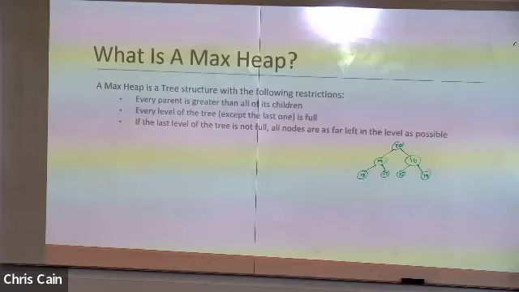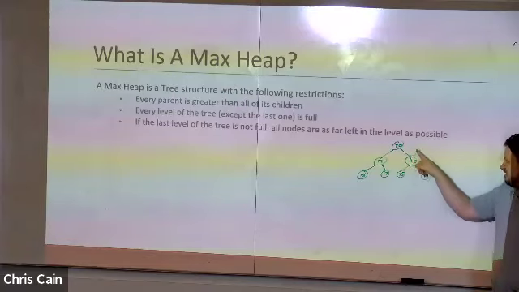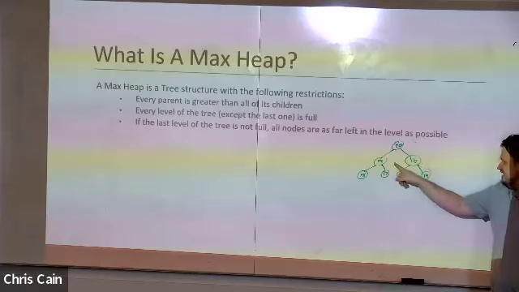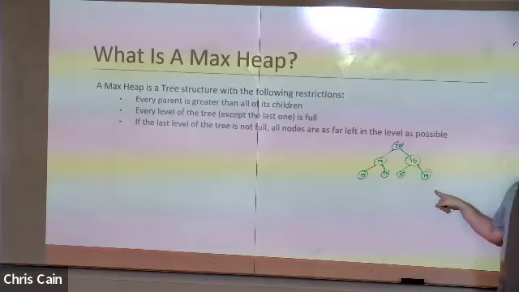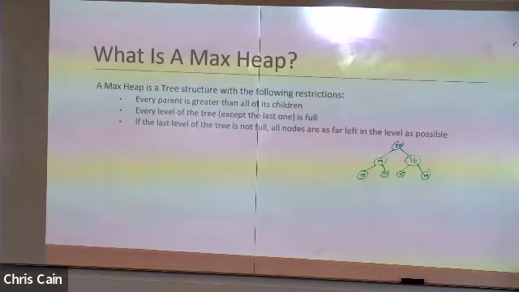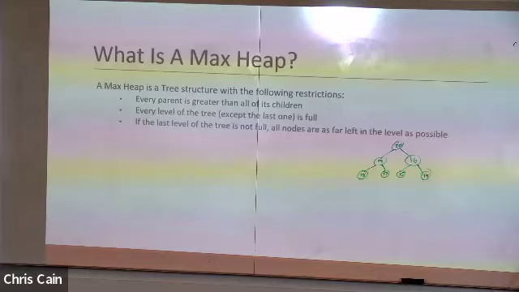All we care about is that for each node, we look at its 2 children, it's larger than its 2 children. 20 is larger than 19 and 16, 19 is larger than 18 and 17, 16 is larger than 15 and 14. Legal heap. So those are the most commonly confused elements of the heap. They'll look at this and say, but 18 is bigger than 16. That is allowed.